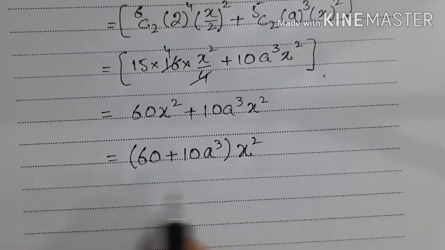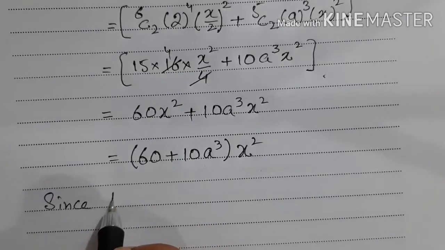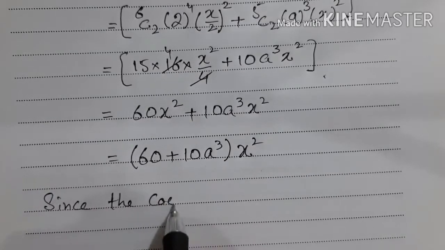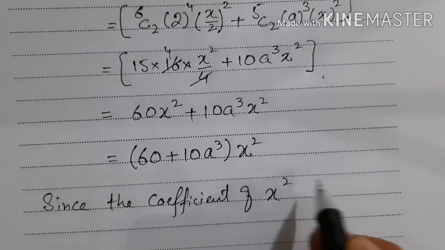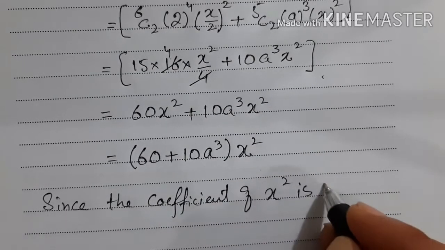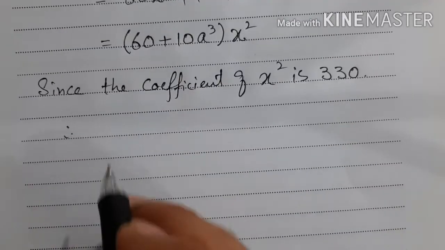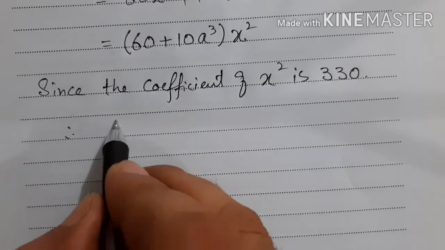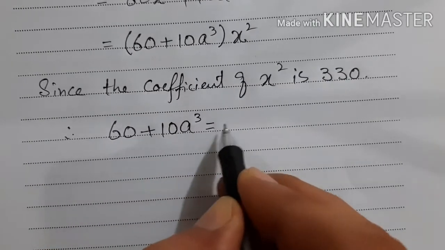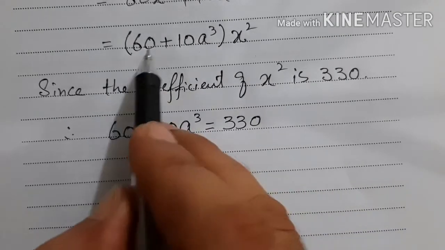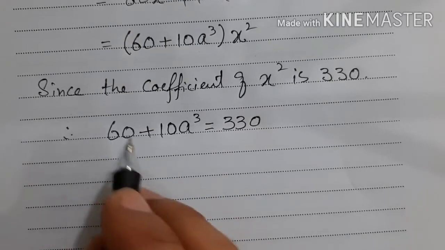This is the coefficient of x squared. Since it is given in the question that the coefficient of x squared is 330, therefore 60 plus 10a^3 should be equal to 330, because the coefficient of x squared is this. So we'll solve it.